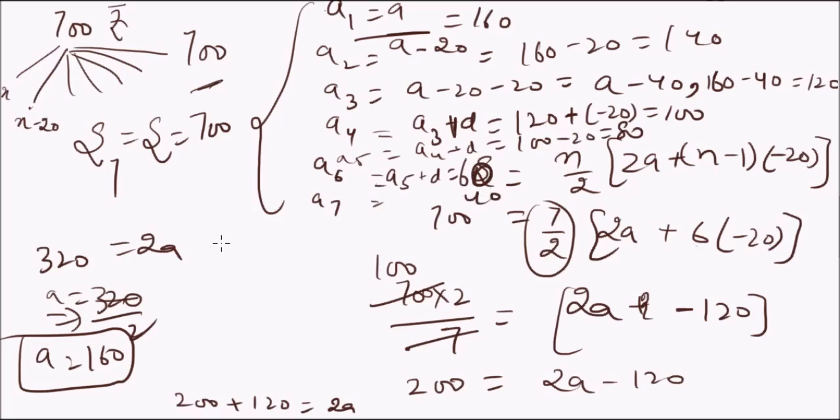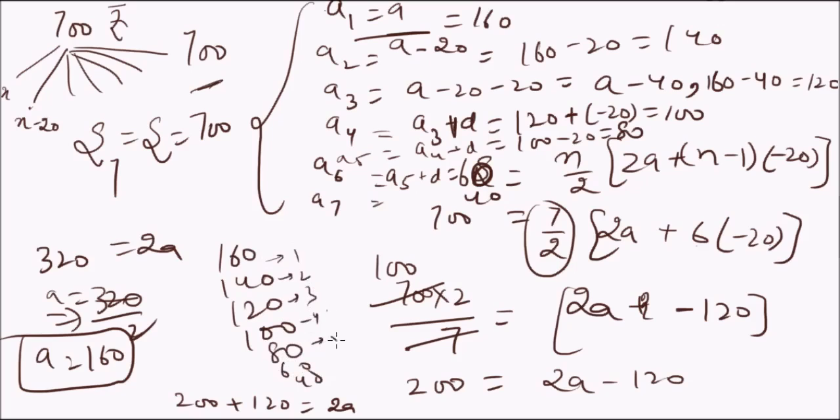All in all, the cash prize values are 160, 140, 120, 100, 80, 60, 40, as the first, second, third, fourth, fifth, sixth, and seventh values.